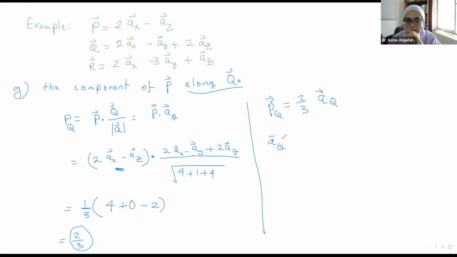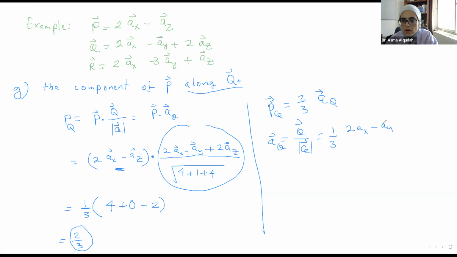A sub Q is equal to what? Q divided by its magnitude, which is 1/3 times 2a sub x minus a sub y plus 2a sub z.